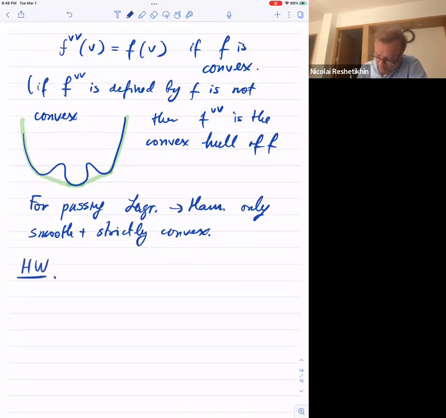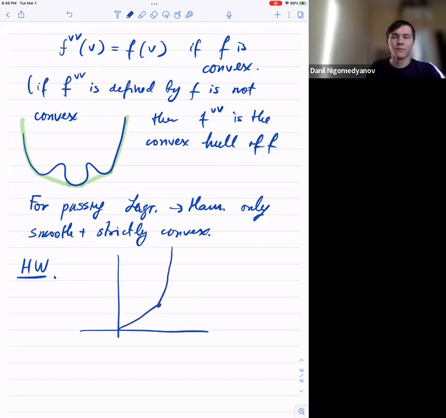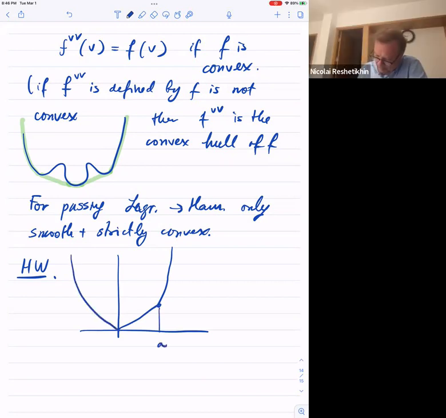If you really want to have fun with the Legendre transform, I advise you to solve something like this. Let's say you have a function. Here it's a straight line, f of x is equal to alpha x.